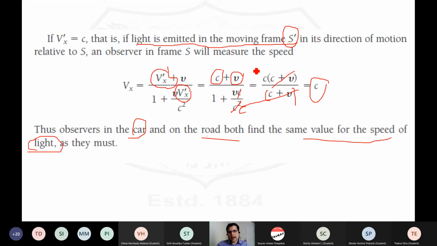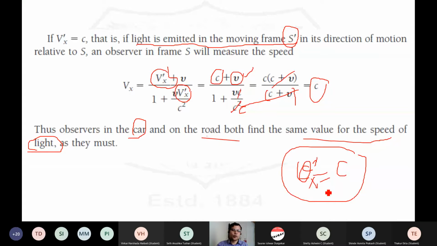It will not add the velocity; it does not become c prime as c plus v. Simply c. So don't confuse. Here I'm talking about the x component. Don't say c prime.